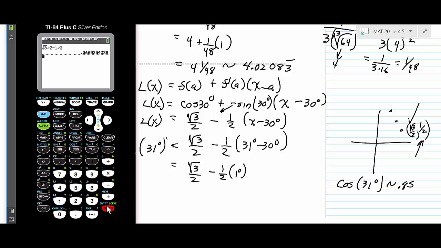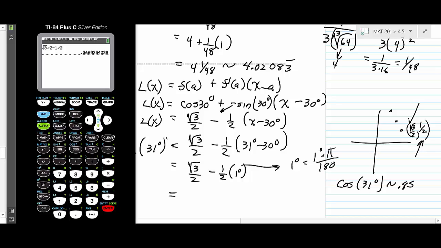You need to be in radian mode, because when you're doing an exact calculation on this, degrees is not a real number, so you need to be in radians. You can do the problem this way, but what you need to do is convert 1 degree to radians. The way you do this is 1 degree times pi over 180. Now if you do that, then you'll be in good shape.